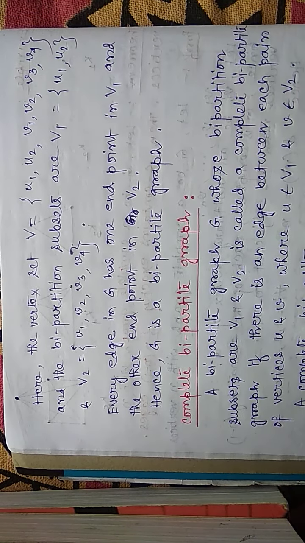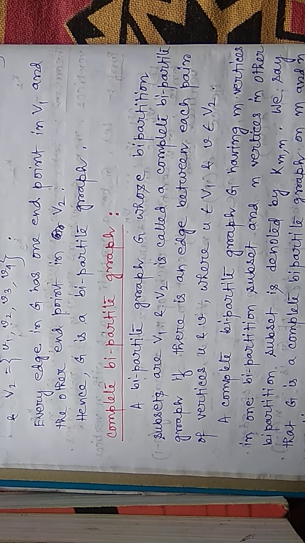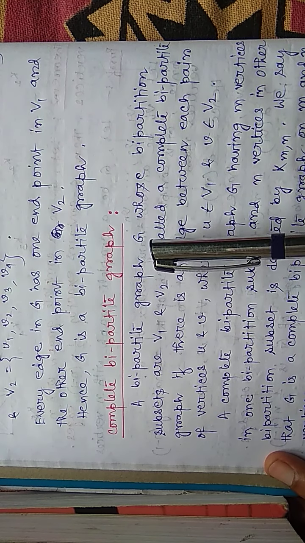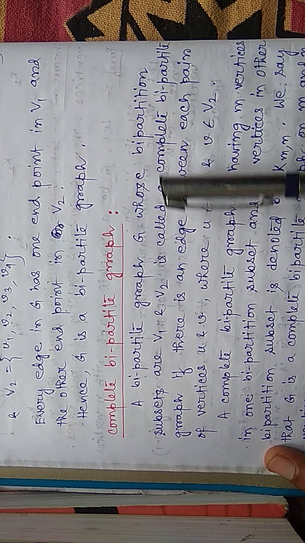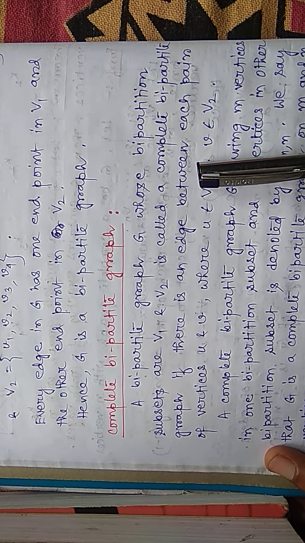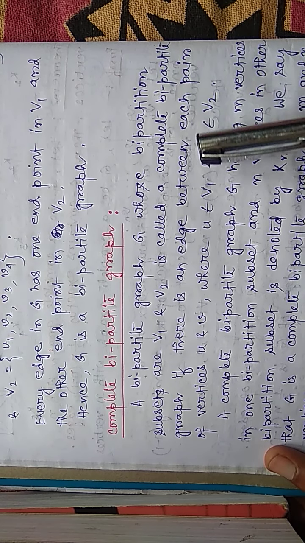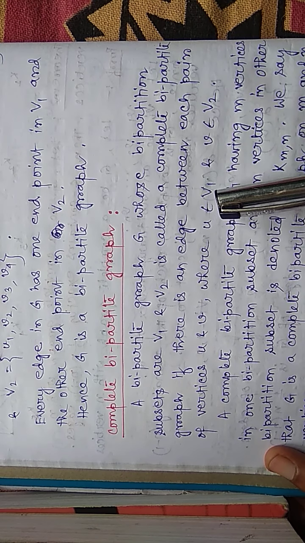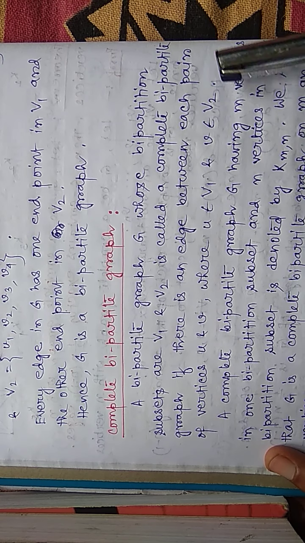Okay, our final definition is complete bipartite graph. That means a complete graph which is as well bipartite. A bipartite graph G whose bipartition subsets are V1 and V2 is called a complete bipartite graph if there is an edge between each pair of vertices u and v, where u is in the first bipartition subset V1 and v is from the other bipartition subset V2.